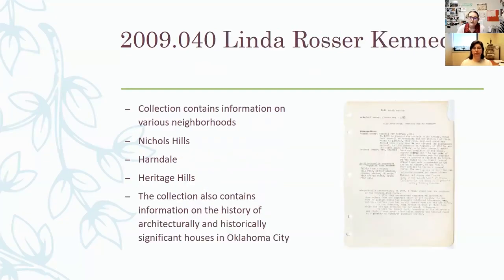The next one is the Linda Rosser Kennedy collection, and if you're looking for information on historic neighborhoods like Nichols Hills, Heritage Hills, it has a lot of information on the history of the neighborhood, sometimes the history of the houses. We've listed them mostly by address, so it should be pretty easy to find. This is just an example of one of the house histories.